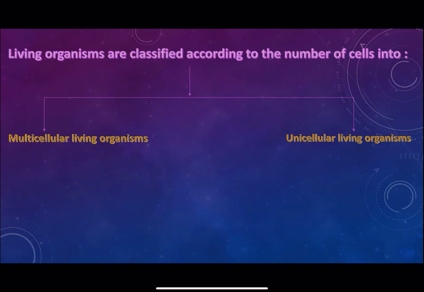What is the meaning of multi and uni? The multicellular living organisms means the organisms that contain more than one cell. So I call it multicellular, more than one cell. While the unicellular living organisms are the organisms that contain only one cell. So I call it unicellular, one cell.